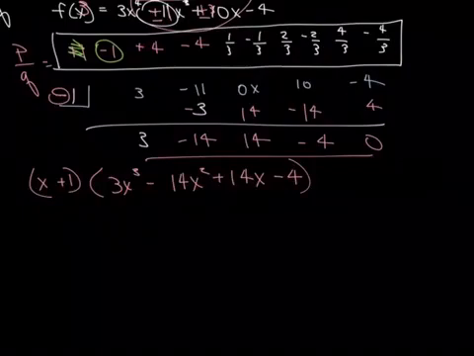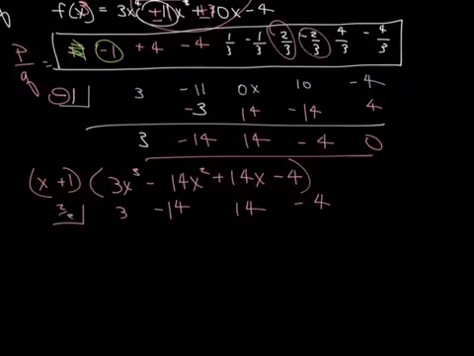So in this particular case, I'm just going to be nice to you and tell you that it's this number right here, 2/3. So let's do that. 3, negative 14, 14, negative 4. And I'm sorry, it's the negative 2/3. We're going to put a 2/3 in here. 3. 6 over 3 is 2.